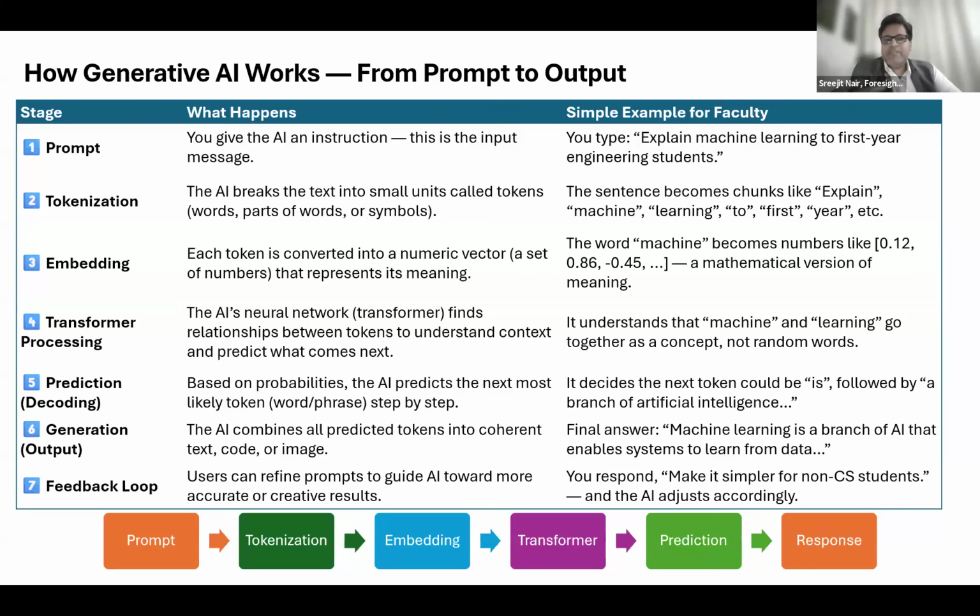That is how you get the first response, and eventually you get more and more refined responses. So that's the entire process that is happening in the background. I hope I was able to clear this aspect very quickly. Any questions on this?